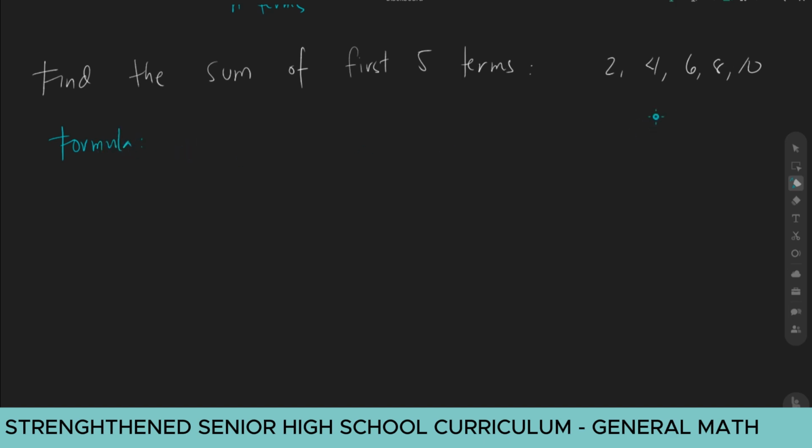Why arithmetic series? Because as you can see, based on the given, it is an arithmetic sequence, so therefore we are going to use the arithmetic series. What are the given? We have n, the first term, and the last term. Our n is 5 terms, our first term is 2, and the last term is 10.